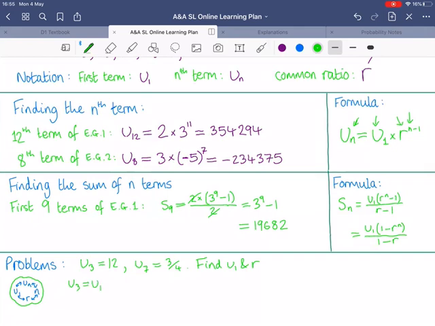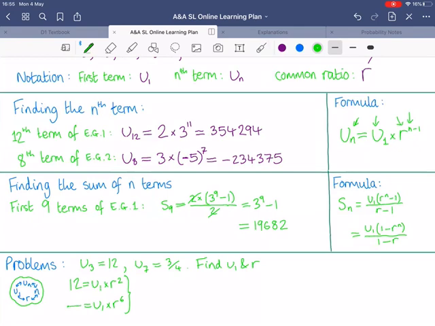So what we can say here is that u3 should equal u1 times r squared. And we can say that u7 should equal u1 times r to the power of 6. Now we should be able to fill in u3 and u7 because we know what those two things equal.